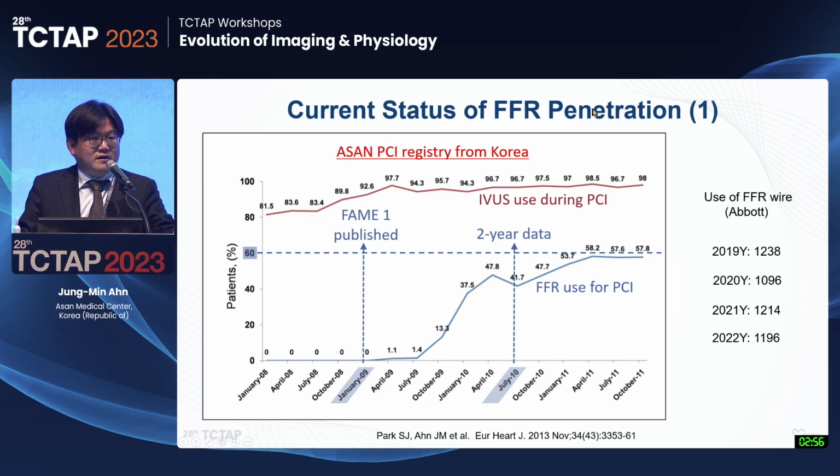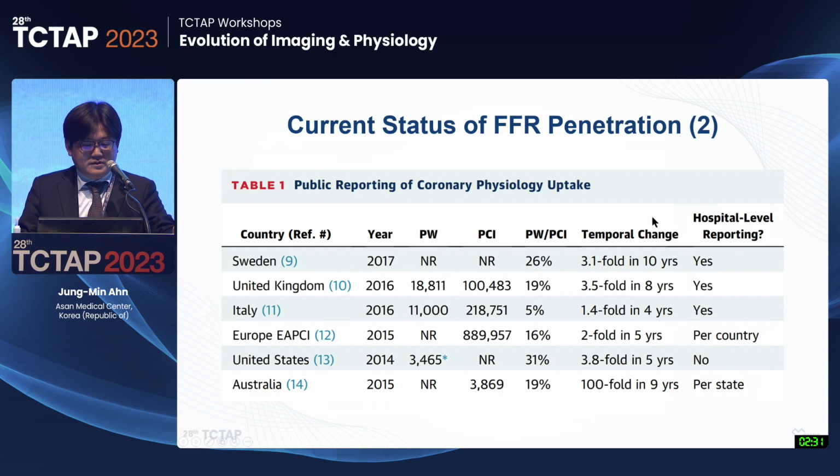How about the FFR? In our centers, after publication of the FAME trial, FFR penetration is about 50 to 60% before or during PCI. Even nowadays, annual use of the pressure wire is more than 1,000 cases, pretty big numbers.